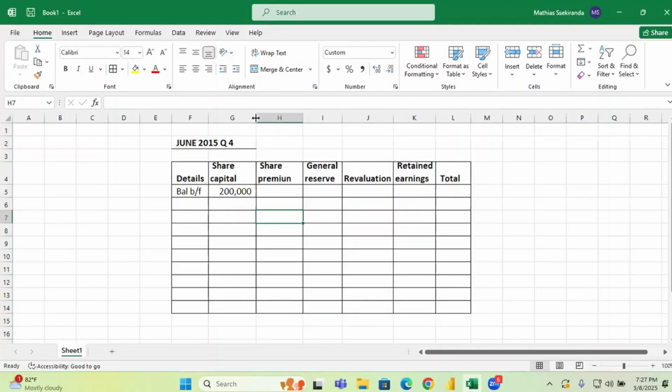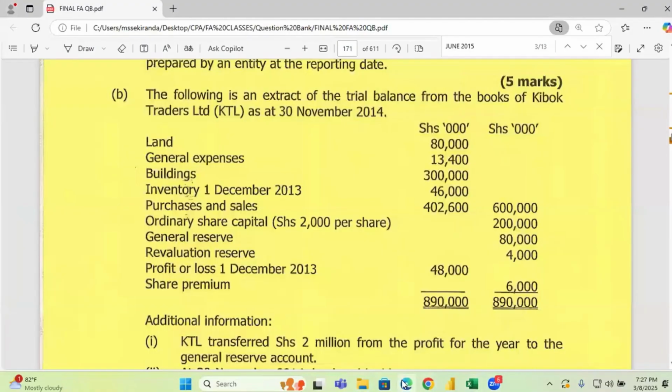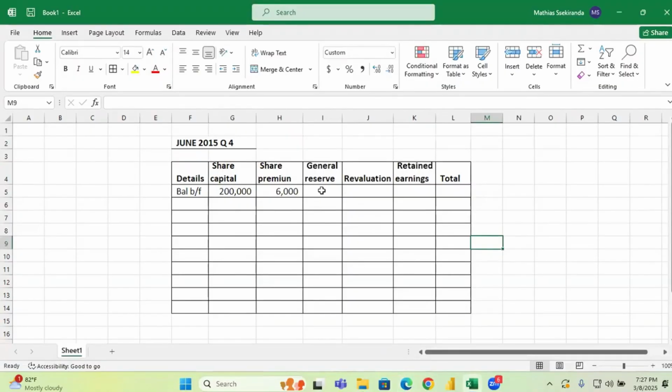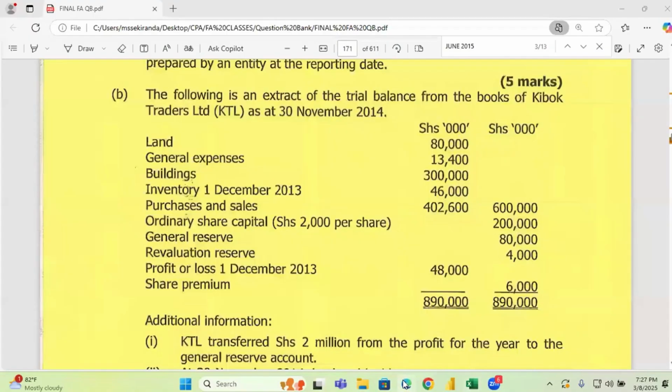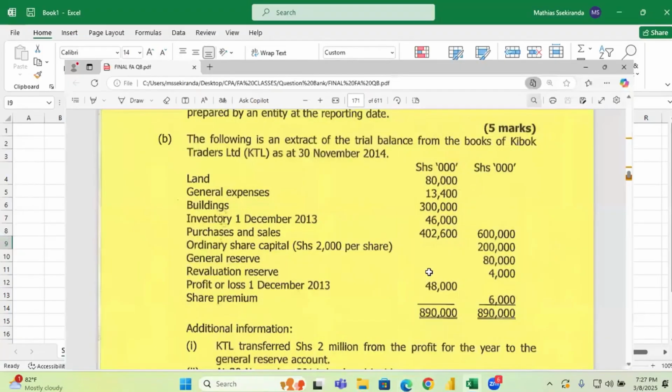Then share premium, it is the last item, 6,000. Then we have the general reserve, which is below share capital, 80,000. Then revaluation reserve, it is 4,000.